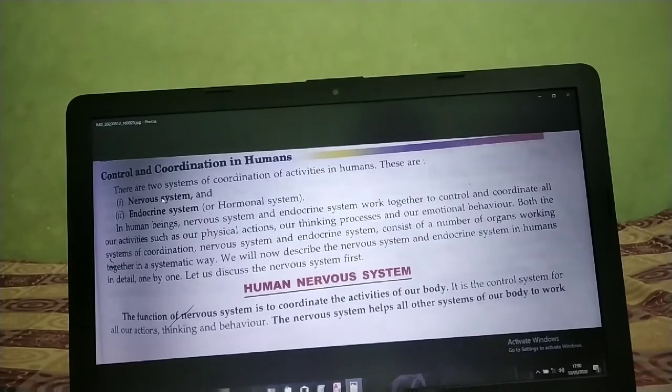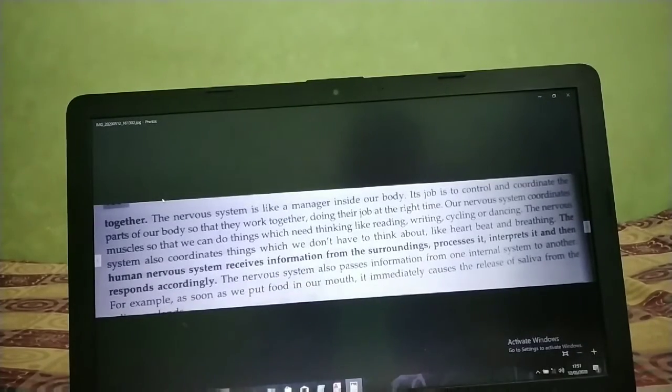The function of the nervous system is to coordinate the activities of our body. It is the control system for all our actions, thinking and behavior. The nervous system helps all other systems of our body to work together, like a manager inside our body.